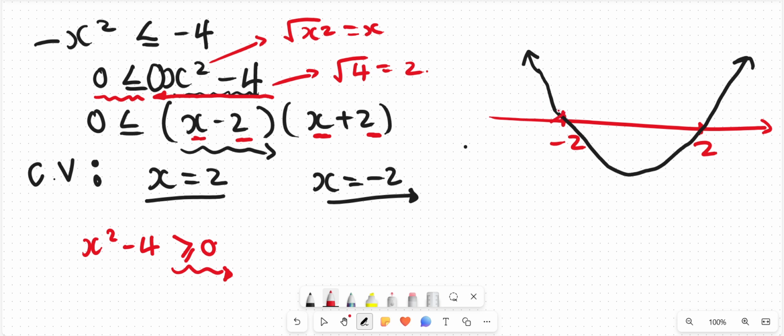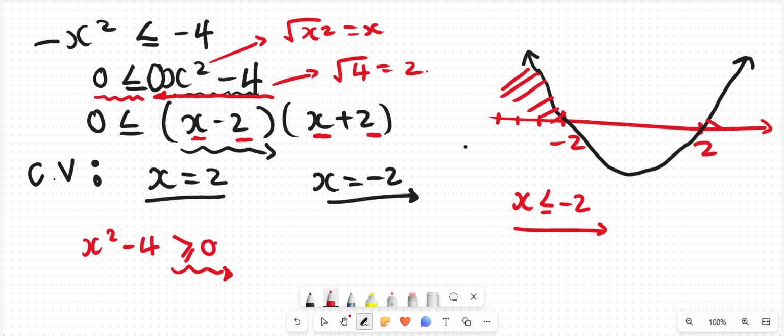So where is above? Above is this range here, which, how do I represent that range? What are these values here? These values here are values that are less than negative 2. So what does that tell me? It tells me x is less than or equal to negative 2. That's this range, this side.